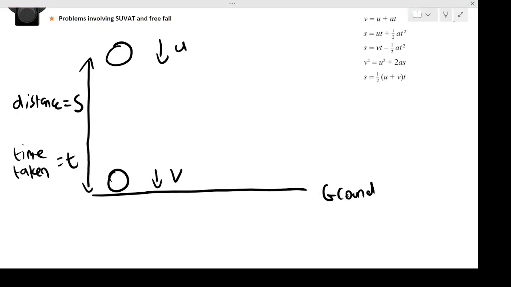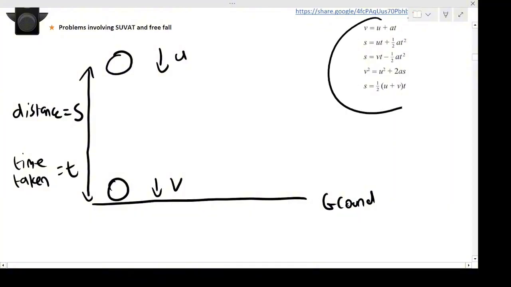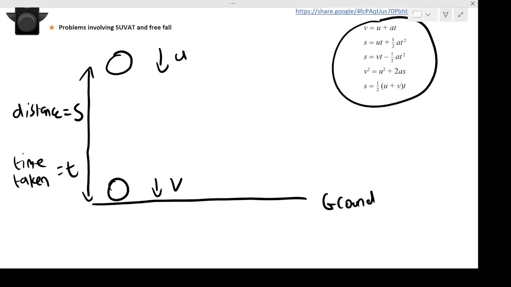And so that's what these SUVAT equations will tell us. So S here is my distance, V is my final speed, U is my initial speed, and T is the time taken. So I can use the SUVAT equations to work out any missing quantities. Now the last thing that is missing is A, the acceleration.